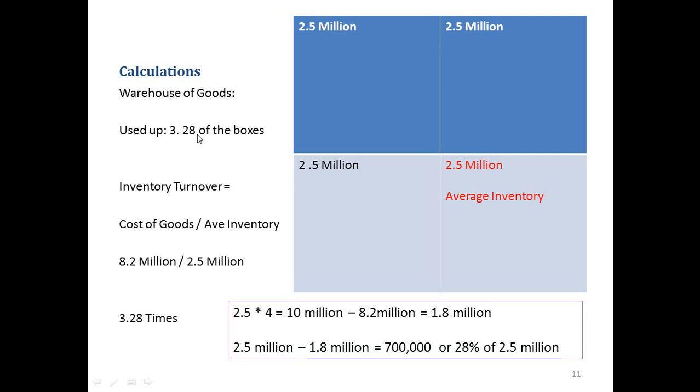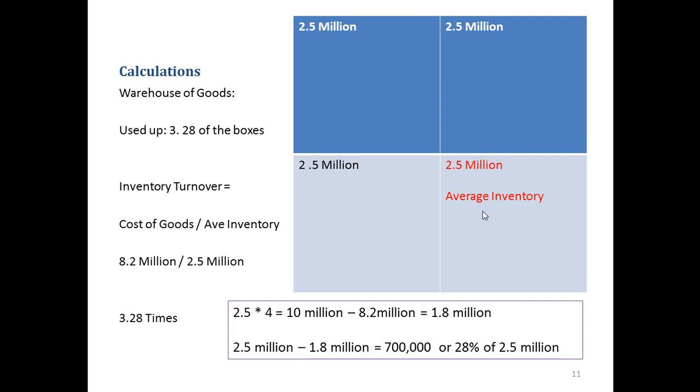If we think of a warehouse of goods, we've used up 3.28 of the boxes. If this is the entire inventory warehouse, if we sell 2.5, then we sell 2.5, 2.5. Here we actually sold not the entire lot, but part of it, 0.28. So 3.28: one box, one section, and then a partial.